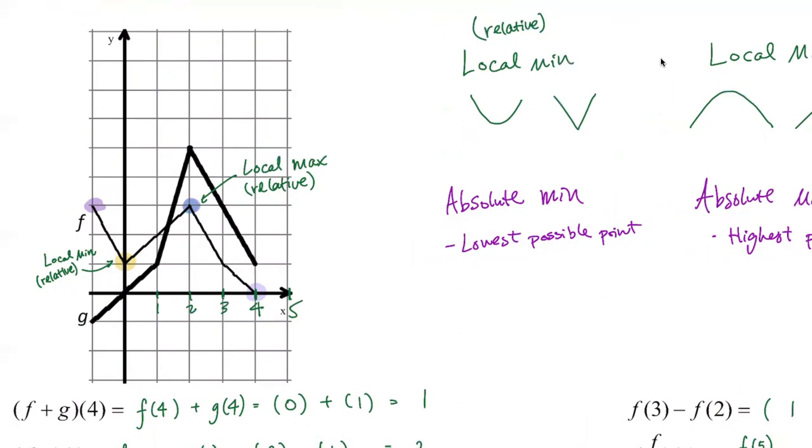So we call it the absolute maximum for these 2 points. When x is equal to -1 and when x is equal to 2, they both achieve the absolute maximum of 3. Let me label this as well.